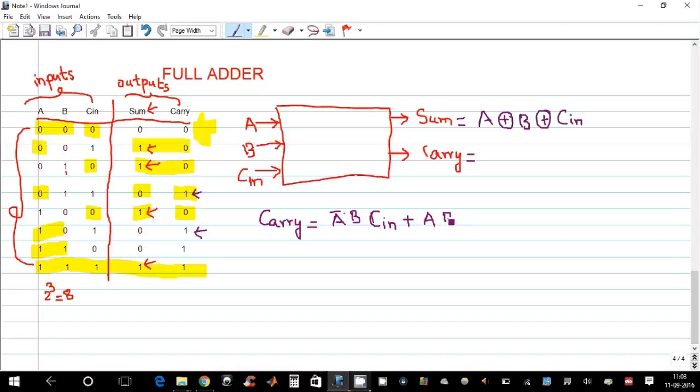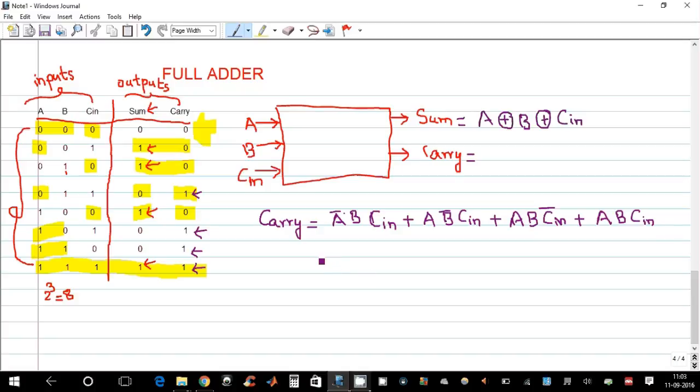And similarly, carry is 1 for the set 1, 1, 0, where this input is 0. Similarly, the carry is 1 for the set 1, 1, 1. The inputs A equal to 1, B equal to 1 and C in equal to 1. So that is A, B and C.